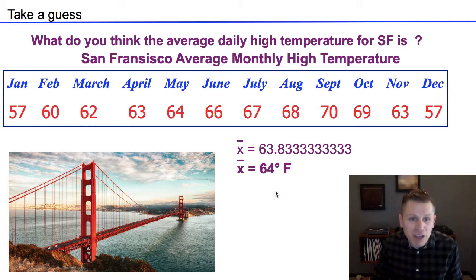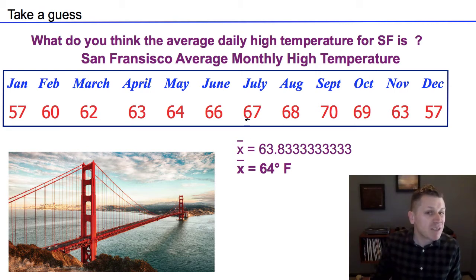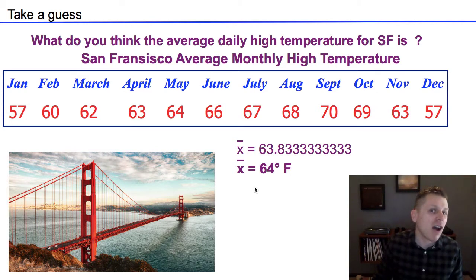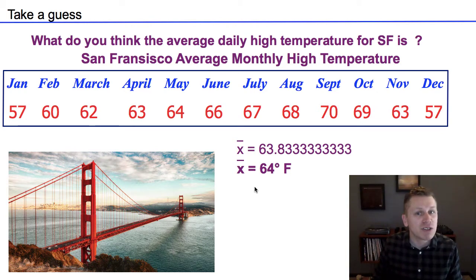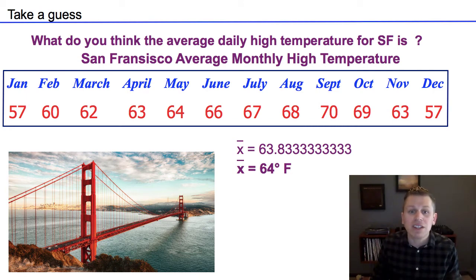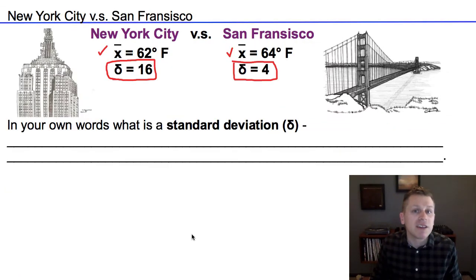If you're someone that really likes to wear shorts, maybe San Francisco isn't the city for you. You might not be dressed in shorts that often, but you also might not be wearing a winter or heavy coat. The temperatures are very consistent around 60. So if you like the seasons, you like winter and summer, and you like that variance, New York City is going to be better for you because it has a higher standard deviation.